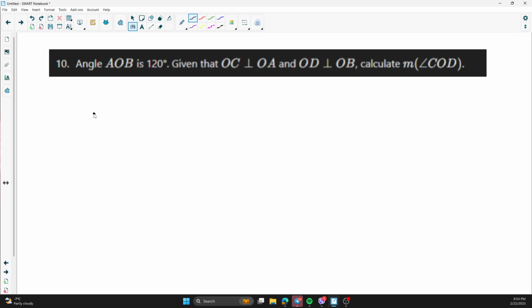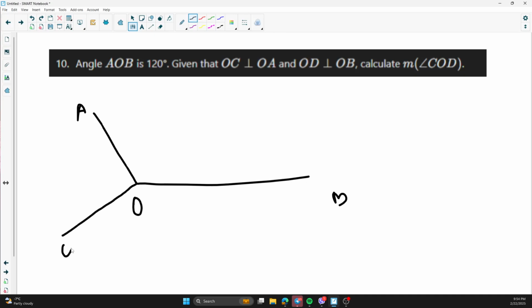Angle AOB is 120 degrees. Given that OC is perpendicular to OA and OD is perpendicular to OB. Calculate the measurement of COD.